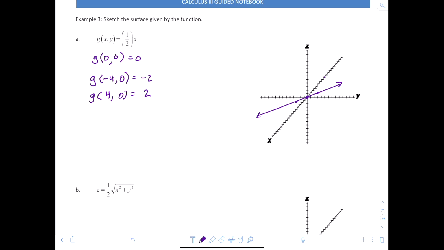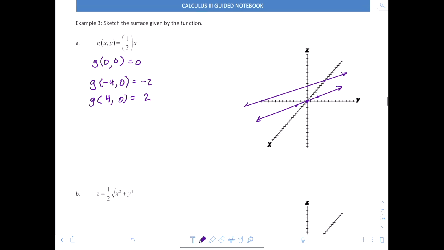And then if you were to copy that line and just shift, so basically do lines that are parallel to that and shift on that y-axis, you'd get your plane. Right? Something like this. Right, so you're going to end up with this planar region.